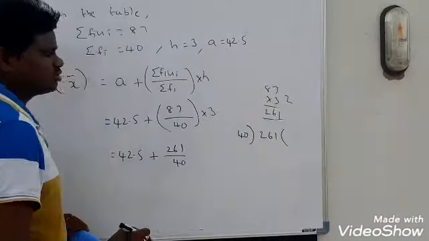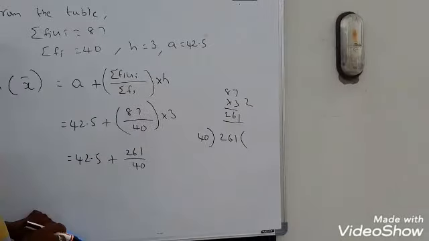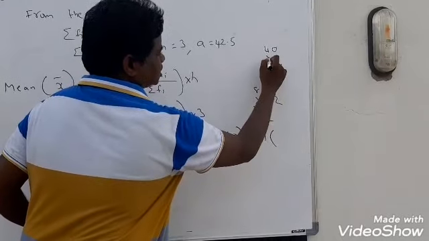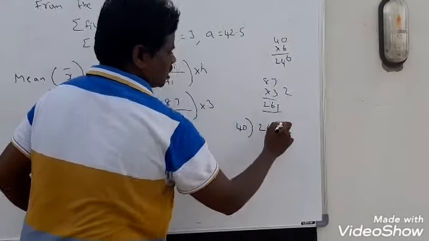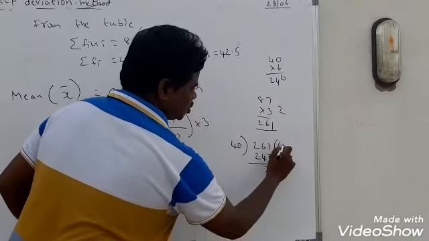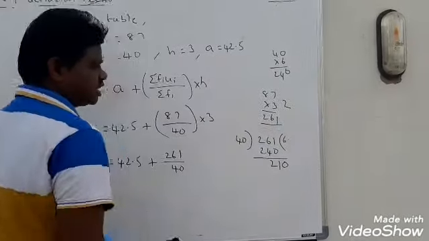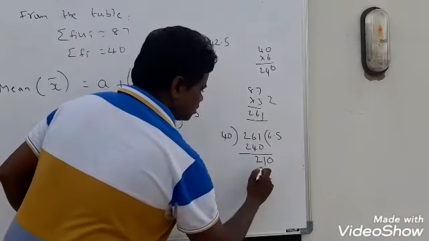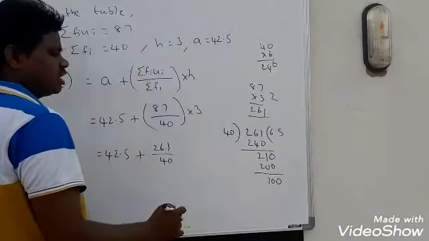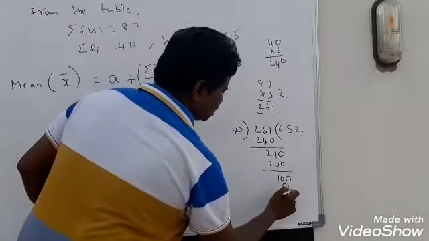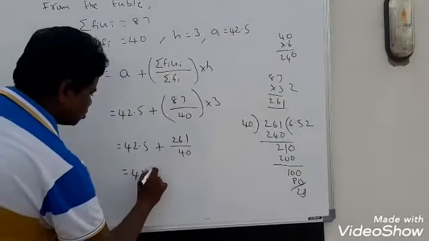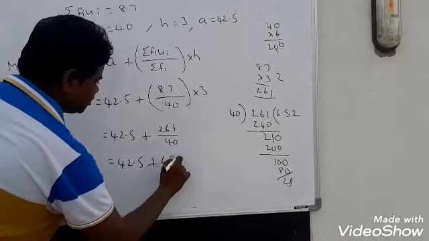Calculate the 40 table: 40 into 6 is 240. Up to 2 decimal places you can do. So that is 42.5 plus 6.52.